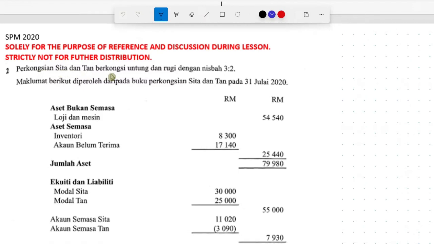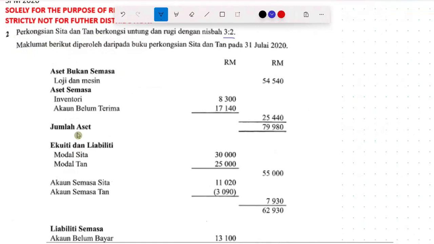Perkongsian Sita dan Tan berkongsi untung rugi dengan nisbah 3:2. Maklumat berikut diperoleh daripada buku perkongsian Sita dan Tan pada 31st Julai 2020. Aset bukan semasa, there's logi dan mesin. Aset semasa, inventory, account belum terima.